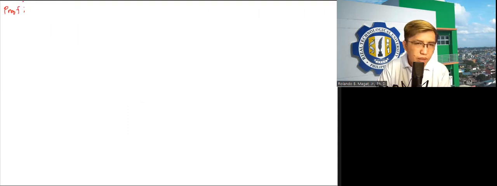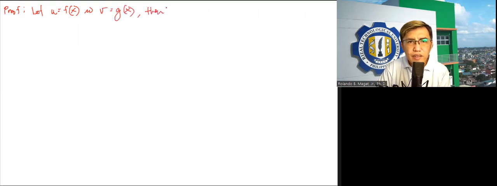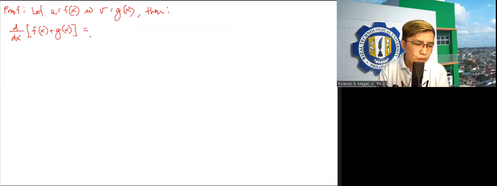So again, let's have a representation. Let u be equal to f of x and v be equal to g of x. Then we have the derivative of f of x plus g of x.